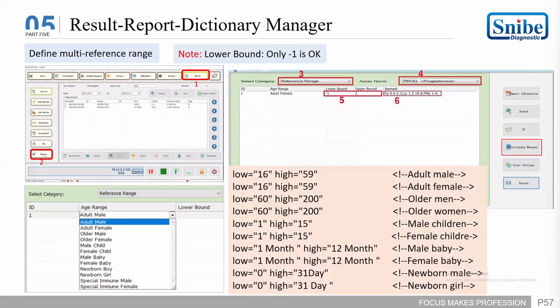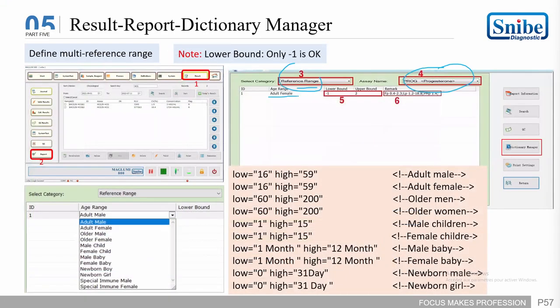You can also add multiple reference ranges according to male and female and the age. To select the reference range, go to results, report, and then dictionary manager, reference range, and then select the parameter, and then you can add different ranges, lower bound, upper bound, and also the remark if you want.